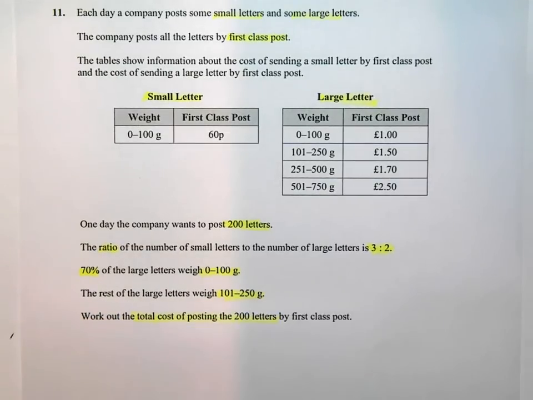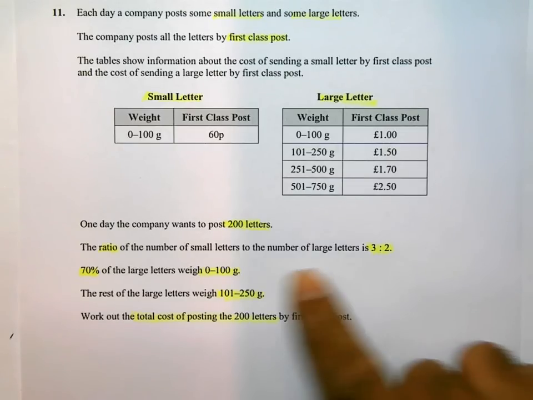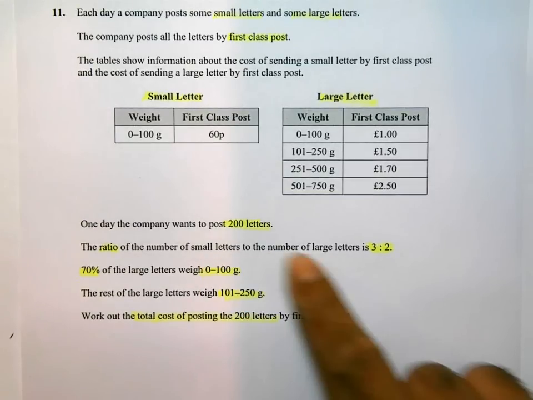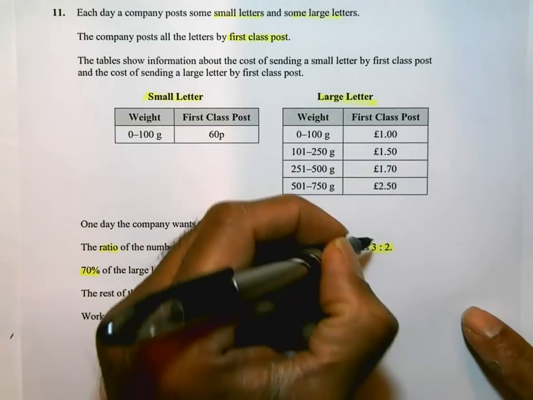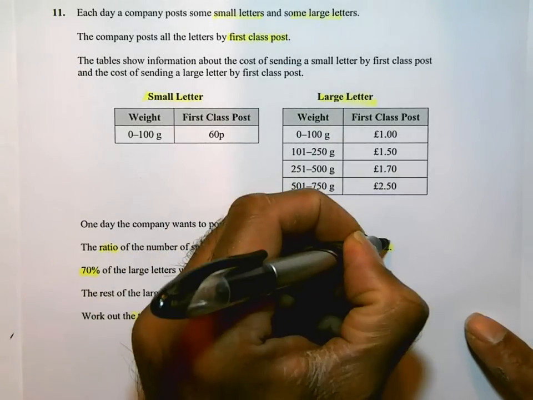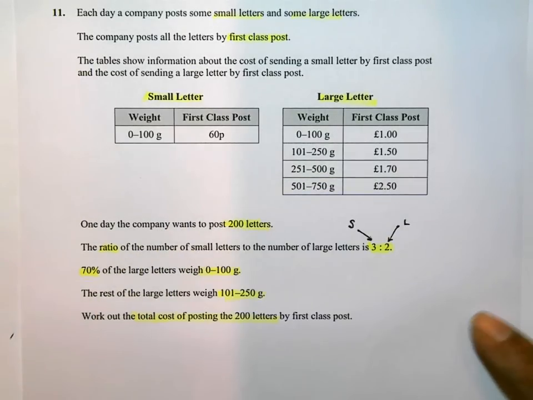Okay, so we've got a lot of information there, but we've broken it down into bits. There are 200 letters, and some of them are small letters, some of them are large letters. We know the ratio of small letters to large letters. Because it says small letters to the number of large letters, the 3 in this ratio stands for the small letters, and the 2 stands for the large letters.